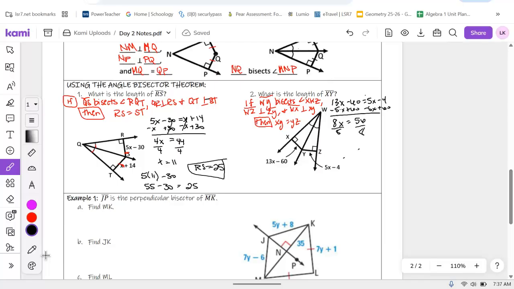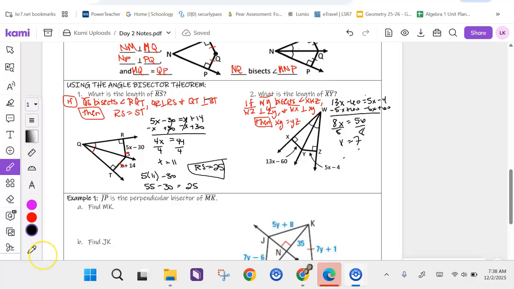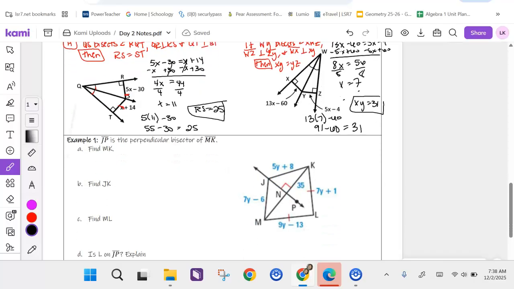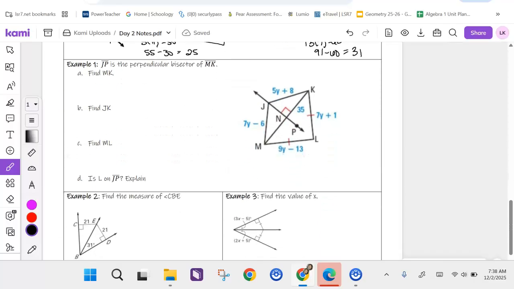Divide by 8. x equals 7. So I plug that back in to our XY. So 13 times 7 minus 60. So I have 91 minus 60. So my answer is 31. So XY equals 31.